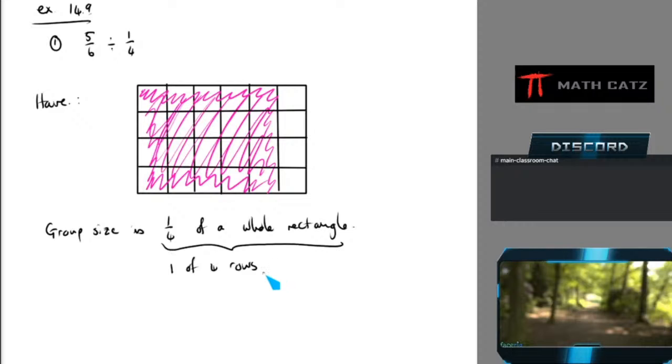And this is where people struggle a little bit to separate the different methods from each other, because this that I'm doing now is in reference to a whole rectangle.